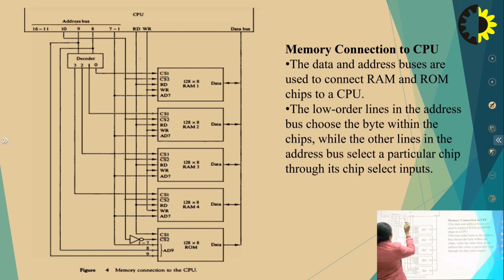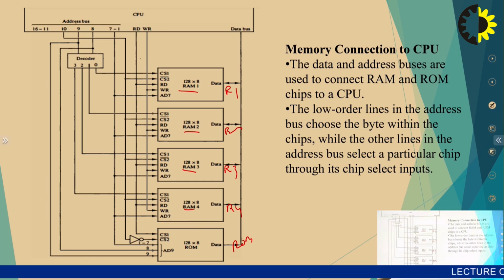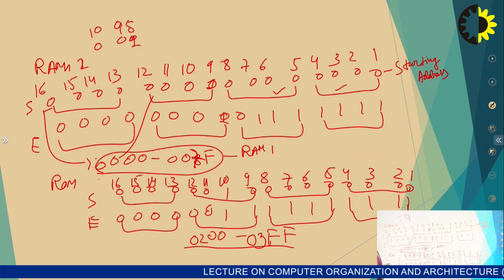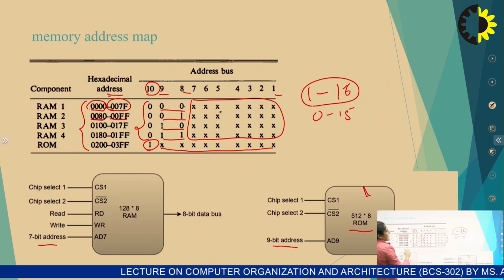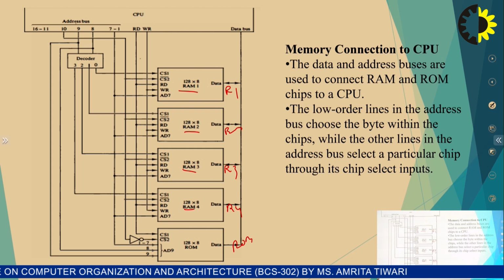As you know, from 1 to 7 is the address for all 4 RAMs: RAM 1, RAM 2, RAM 3, RAM 4, and this is the ROM. The size of each chip is 128 x 8, so 1 to 7 is a 7-bit address. For the 9th and 8th bits, as we saw in the hexadecimal functional table, we decide which RAM is to be chosen.